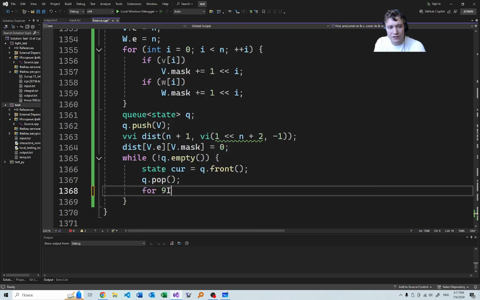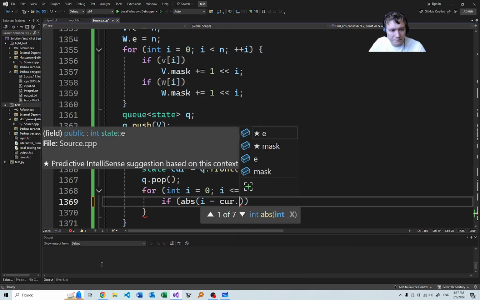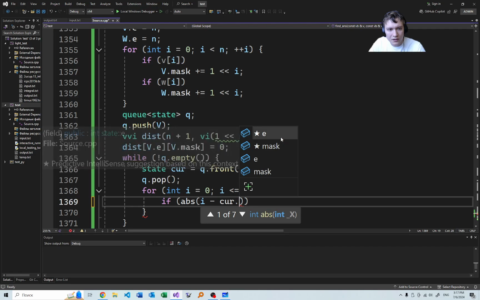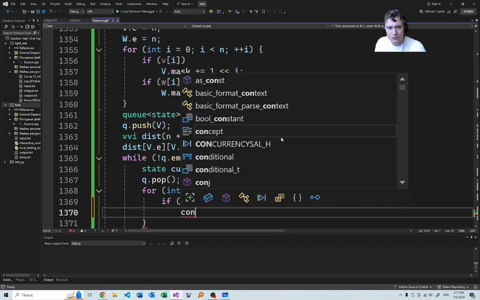Then I need to iterate over all possible next states. So what do I say here? I say that if the absolute value of the difference between I and current.e is less than 2, then continue.